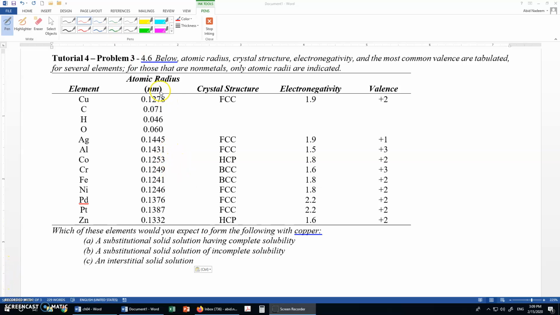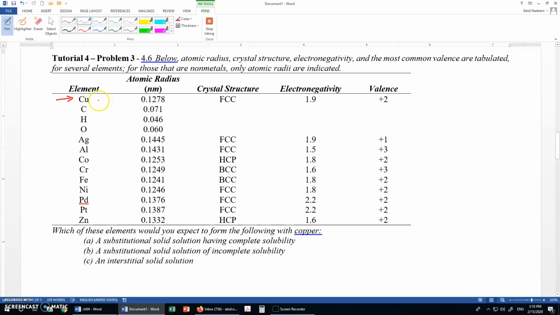Okay, so first we look at the atomic radius. Because we have to compare each of these elements with copper, copper is our base case. The atomic radius of copper is 0.1278. For the first condition, the atomic radius of all the other elements should be checked to see whether it is within plus or minus 15%.